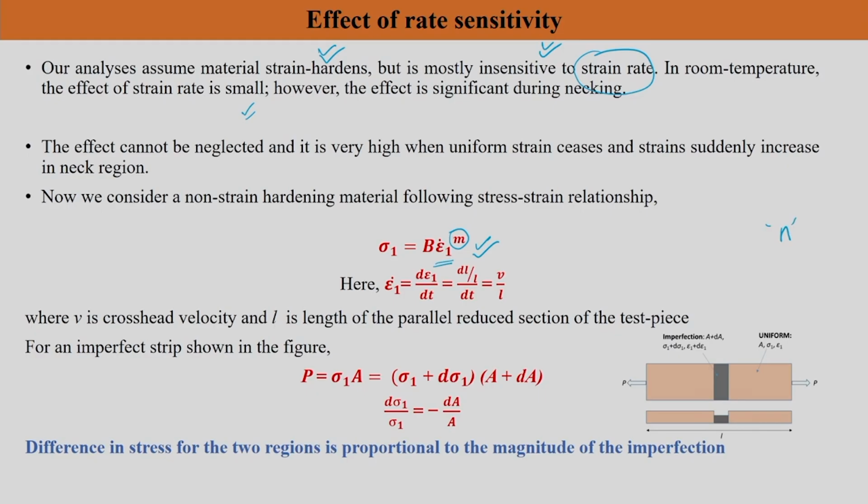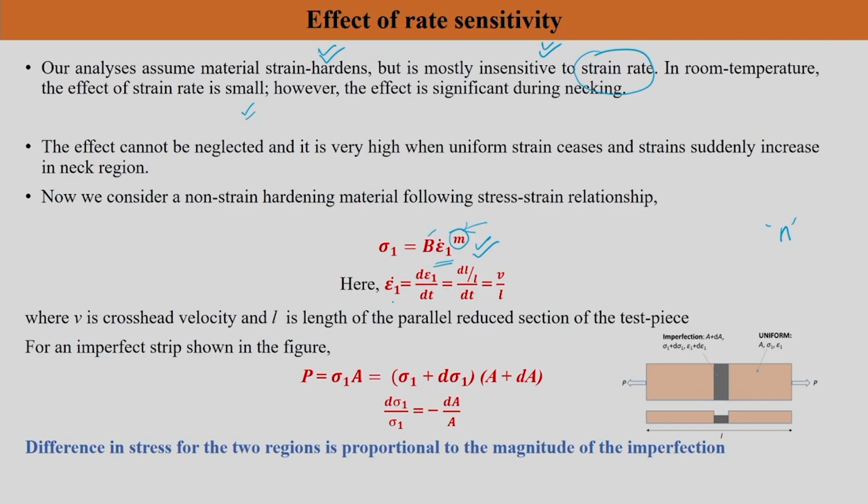Generally we have seen that equation before, but right now we are using sigma is equal to B epsilon dot power m. Here m is the strain rate sensitivity index, and we know how to get this material property. B is a fit constant, like K in the Hollomon power law equation.